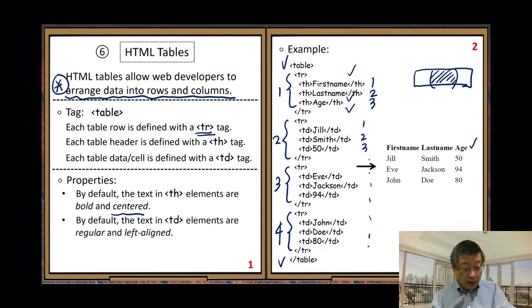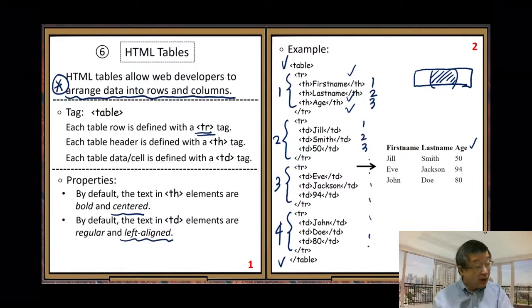All right. By default, the text in TD elements is regular, not boldface, regular text style, right? And aligned to the left.